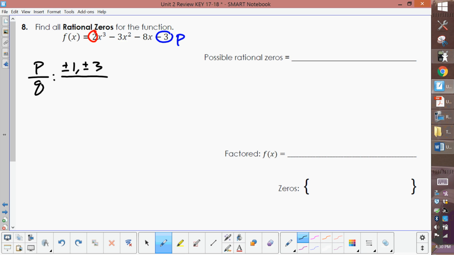The factors of 2 go on the bottom. Again, it's either both +1 and +2 or -1, -2. So ±1, ±2. Now I'm just going to make as many fractions as humanly possible. 1 over 1 is just 1, so up here ±1 is one of my options.